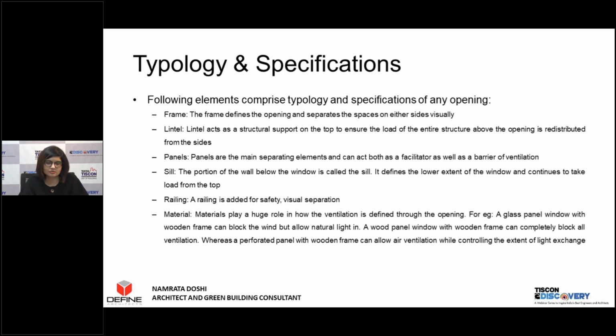And whether you're on a first floor or fifth floor doesn't matter. Railing becomes very important. Railing is a safeguard factor, and it has to be given if you're directly opening outside.